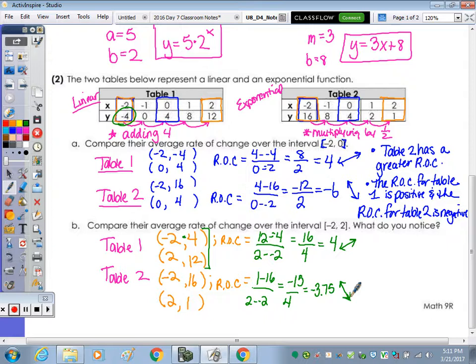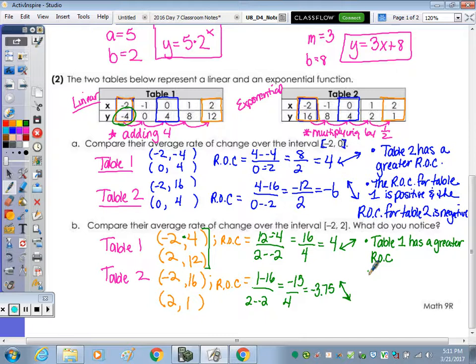So here, our rate of change in table 1 is greater. So table 1 has a greater rate of change.